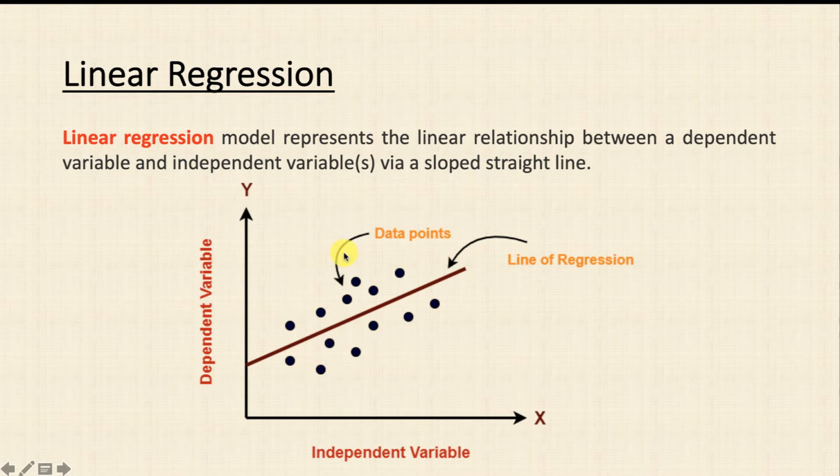In this figure you can see these are the data points, and this is the line of regression. We need to draw this line of regression that best fits these data points, and then we need to calculate the predicted values.